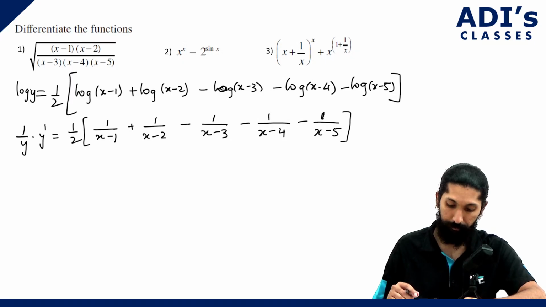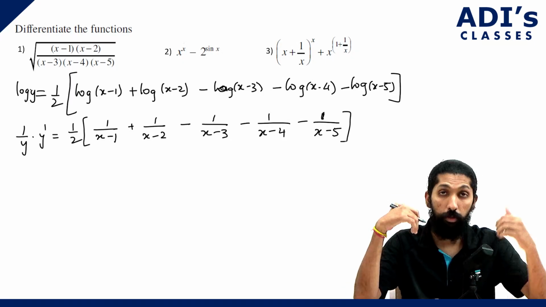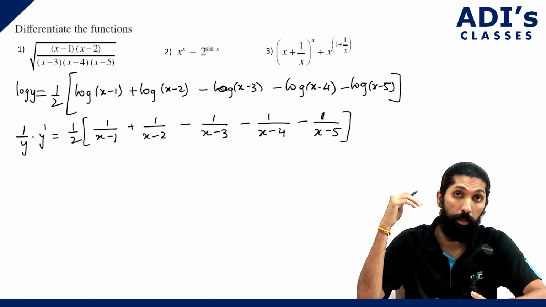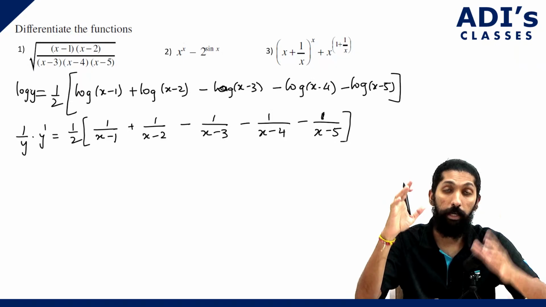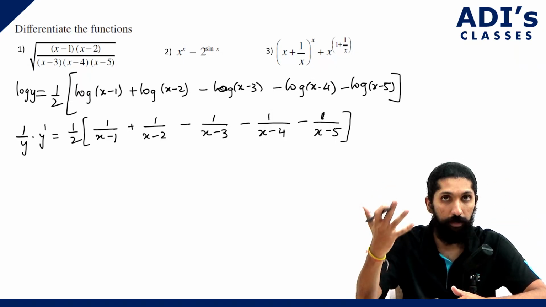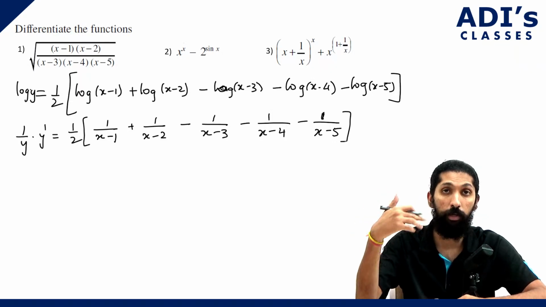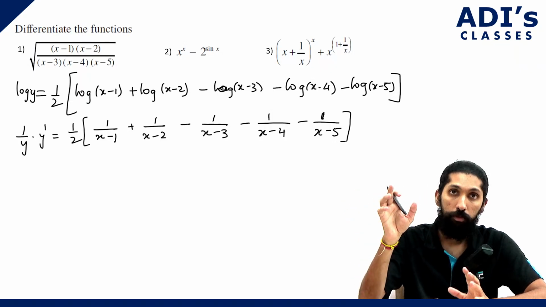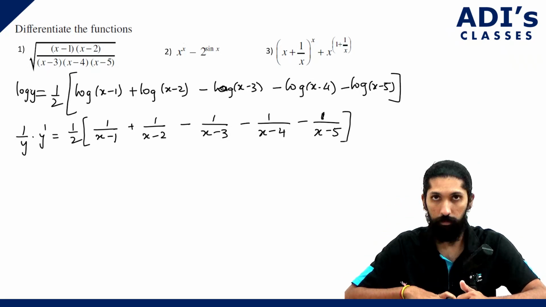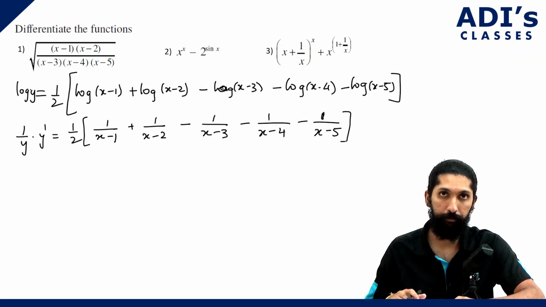You can take the LCM and simplify, but to be honest, it's going to become extremely big. You're going to get a polynomial of degree 5, not even a biquadratic, it's one above that. So you can keep it as it is, or if you want, you can simplify it. It's up to you.